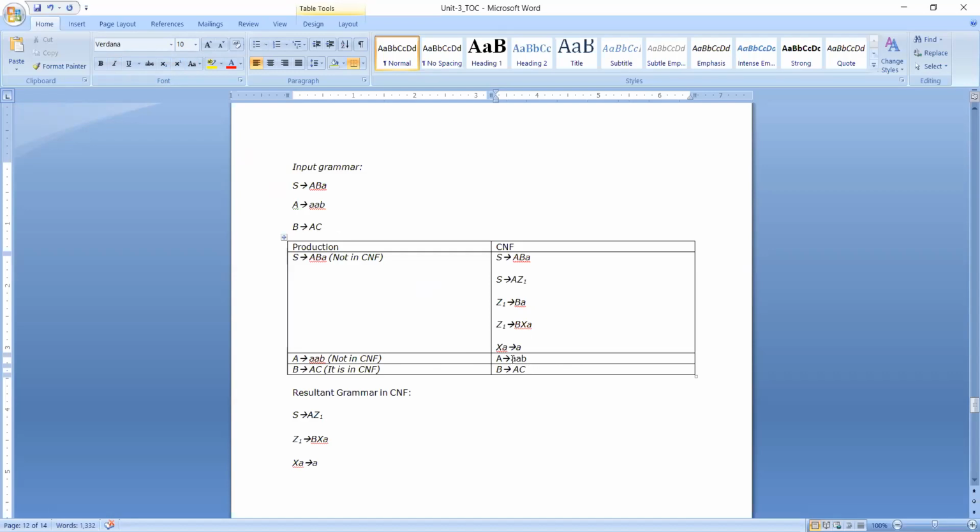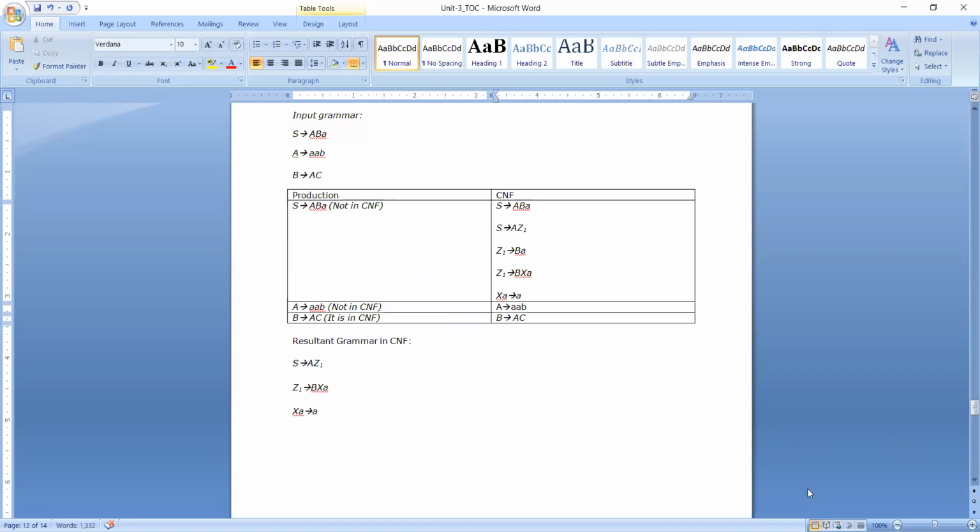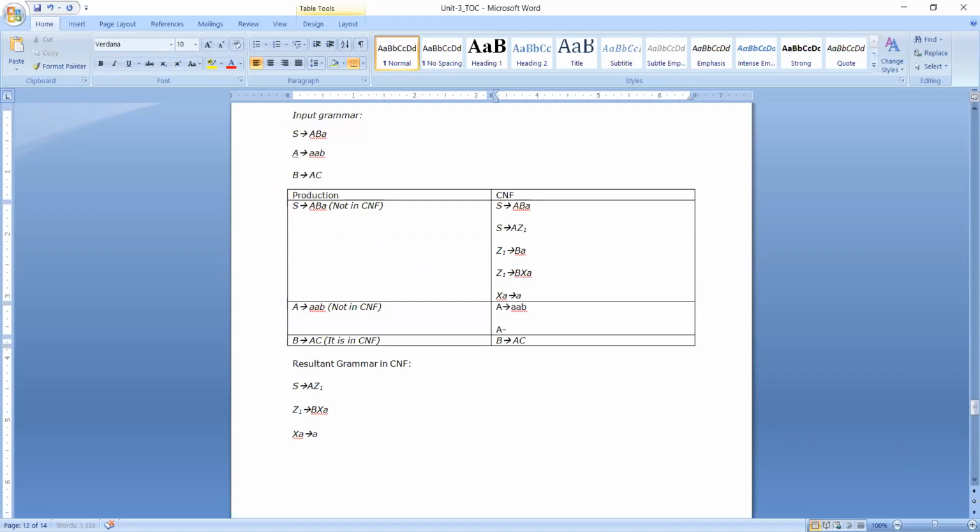So this production needs to be converted into the corresponding CNF form. Already we have a production for small a. How can this small a be converted? It can be converted into XA. So capital A derives to XA AB.